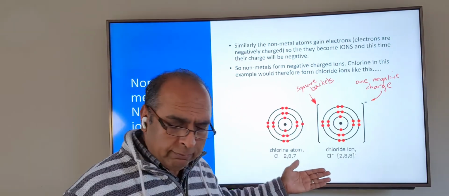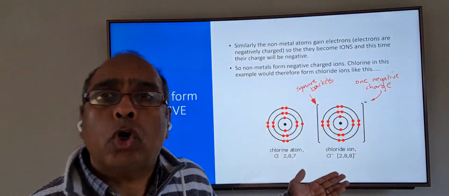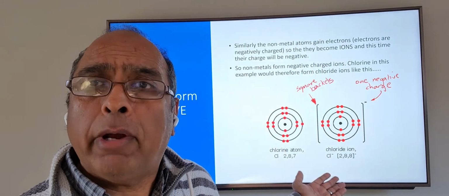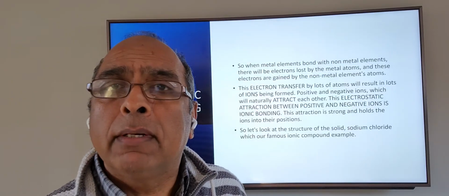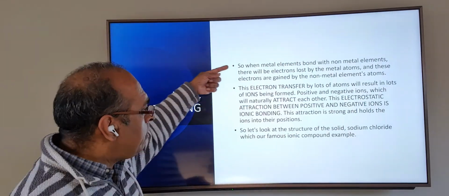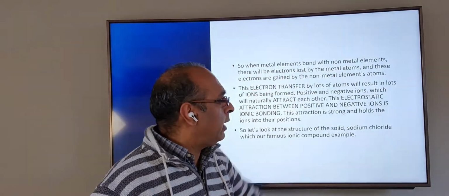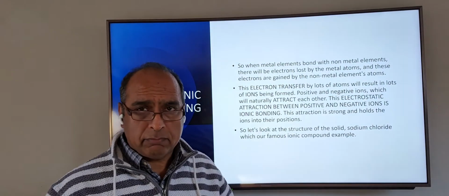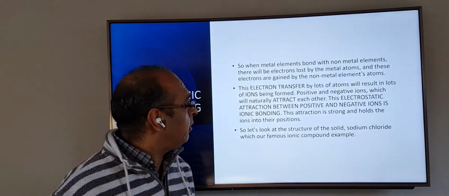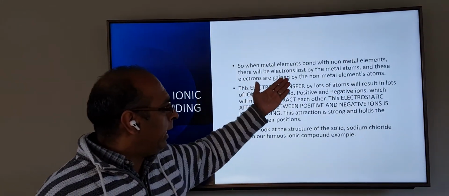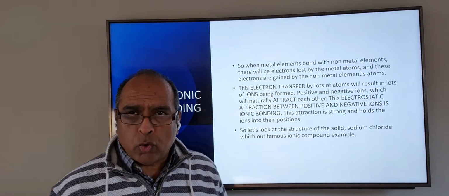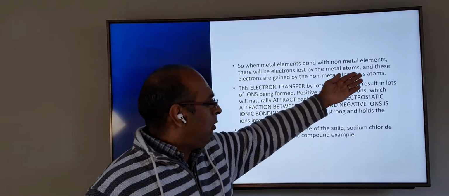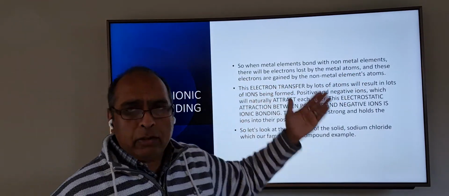Both of these sodium ions and chloride ions are being formed at the same time. So when metal elements bond with non-metal elements, that classic example of sodium and chlorine, electrons are lost by the metal. In the example, sodium loses electrons, and those electrons are gained by the non-metal.